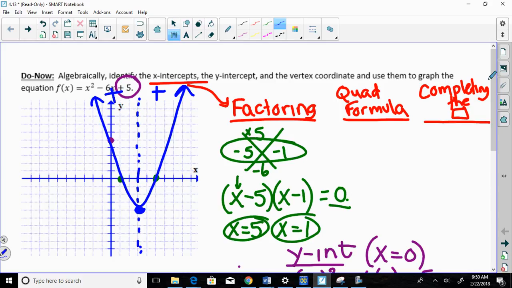Most of them, you can solve every one using the quadratic formula. So getting your x-intercepts, as long as everything's on one side, you can always use the quadratic formula and it will get you the same answer. The reason is sometimes they're going to say, when is it factored form? When is it in vertex form? And that's actually what we're getting into next class. And so that's why we're learning all these different ways to do the same problem.